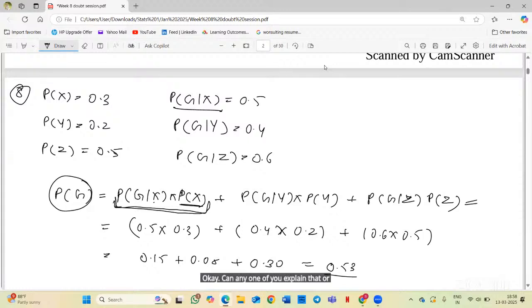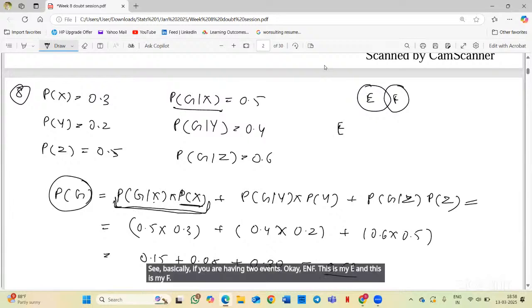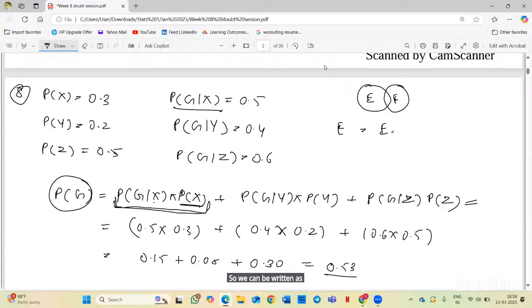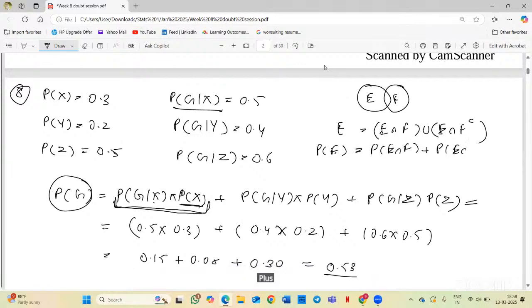See, basically, if you're having two events, E and F, the E can be written as E intersection F union E intersection F complement, right? So I'm just adding probability on both sides. So this will be probability of E intersection F plus probability of E intersection F complement.